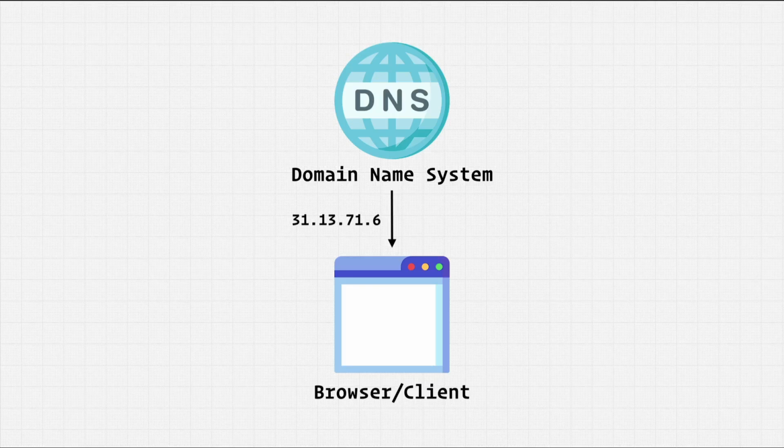Similarly, when you're making a browser request for a website, it's very similar. You're saying, hey, DNS, I have this website I want to access. Can you tell me what the unique address of that is? So when you say, hey, where does facebook.com go? The DNS will say, oh, this maps to an IP address of 31.1.13.71.6 that I'm pointing to.